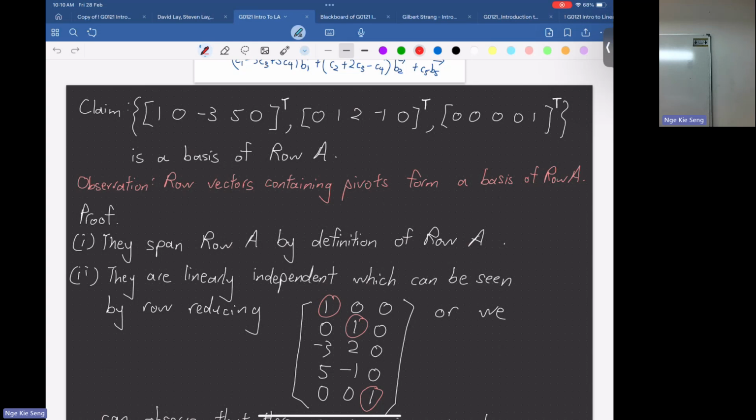So be careful. Although we mentioned row vector, we still write it as a column vector, because I don't want you to confuse a vector in Rn with a matrix. Not a big deal, but I don't want you to confuse.